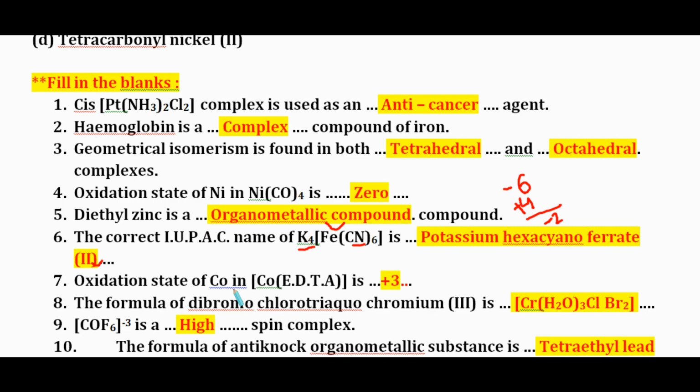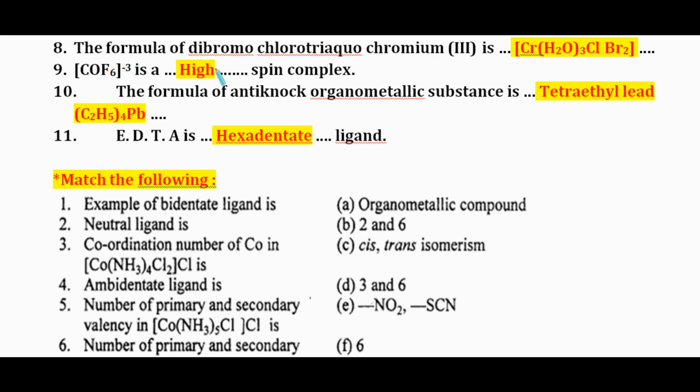The oxidation state of cobalt in Co-EDTA is +3. The formula of dibromochlorotriaquachromium(III): dibromo, chloro, triaqua, written as H2O, and chromium.